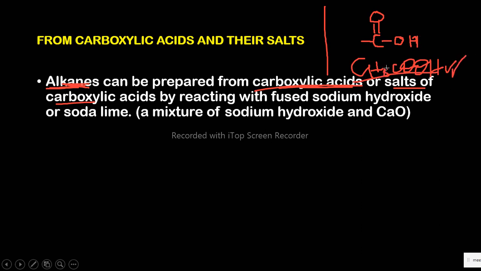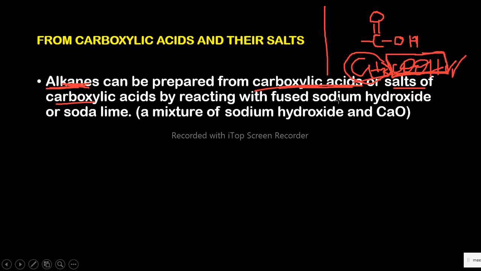So if we remove the whole of this group, we form an alkane. Should I repeat? We can take away the whole of this group and we form an alkane. So alkanes can be prepared from carboxylic acids or carboxylic acid salts.